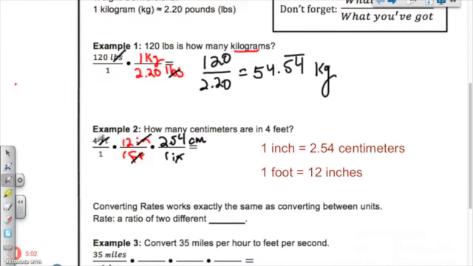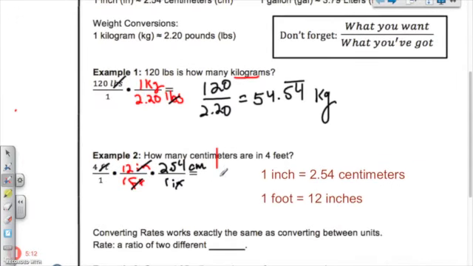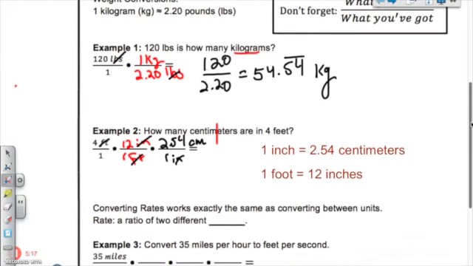So again, I'm going to use my calculator for this because we want to use the tools that are available to us. And when I multiply 4 times 12 times 2.54, I'm left with 121.92. 121 and 92 hundredths.